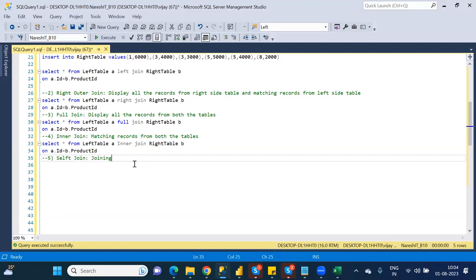Joining a table by itself is called a self join. That means, how can we write this one?